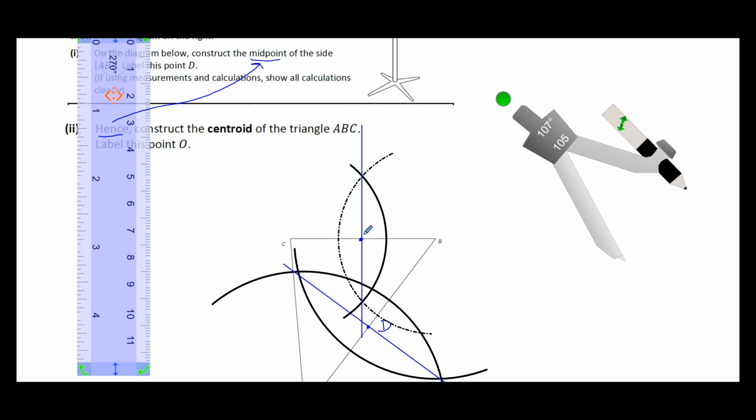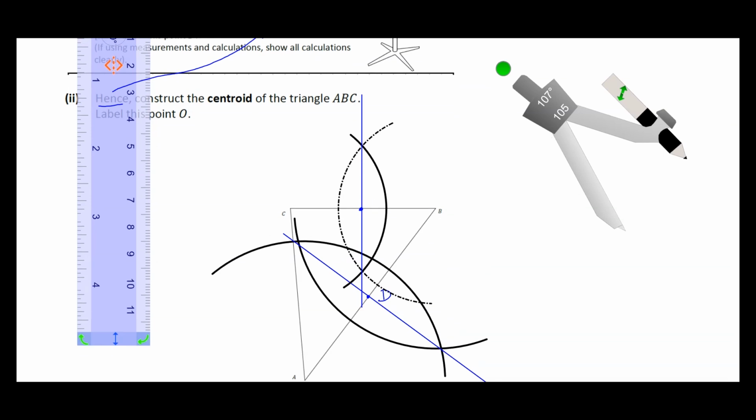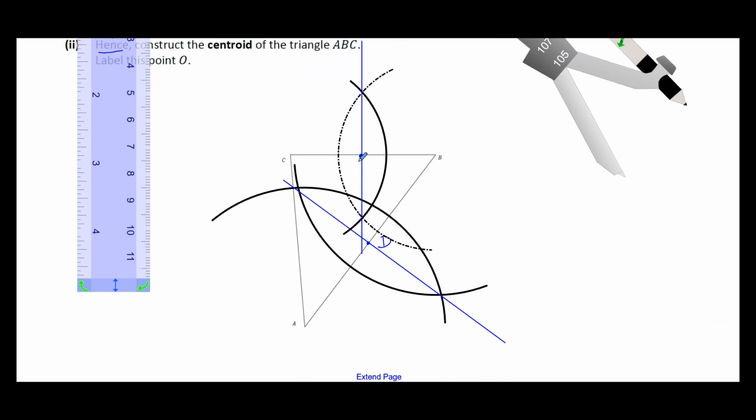Now I haven't found the center. I know it's a lot of lines. We're going now to join the midpoint with the opposite vertex of the triangle. So let's do that.